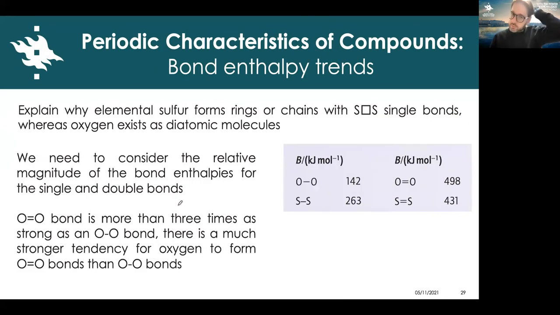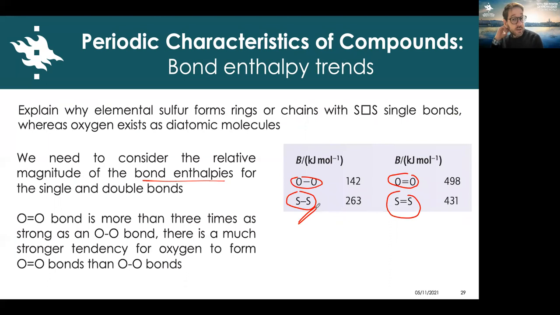Okay, so as I was mentioning, we need to consider the relative magnitude of these bond enthalpies for the single and double bonds for oxygen and sulfur, right? All right, so if we look at the single bond, which has lone pairs, we can see that for the single bond, the sulfur has a stronger, higher bond enthalpy.